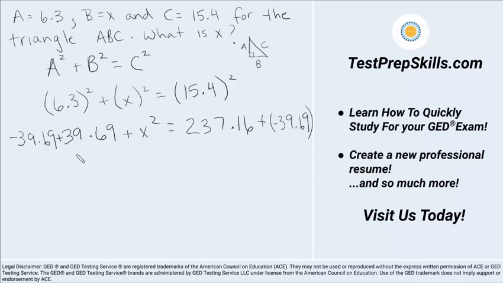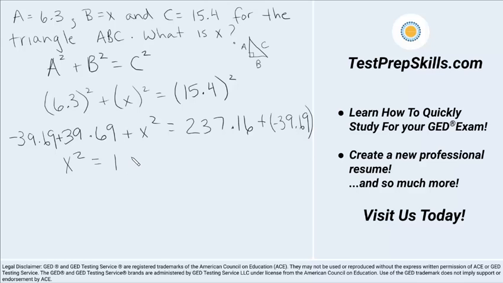Okay, so on the left-hand side of our equation, this negative 39.69 plus 39.69 is just 0. So we're left with x squared, and that's going to be equal to 237.16 added to a negative 39.69, which is the same as saying 237.16 minus 39.69.